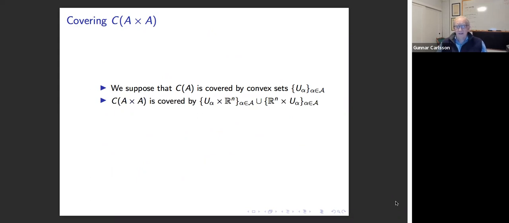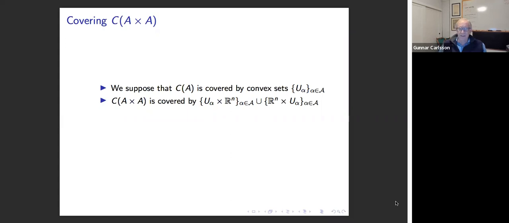Let me say C of A here is the covered region, that's the complement, if you like, of the uncovered region. So I'm assuming that that's covered by these convex sets, and then the complement of A cross A is covered by U alpha cross Rn, union Rn cross U alpha.